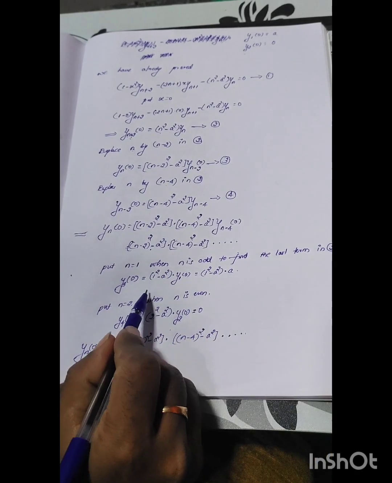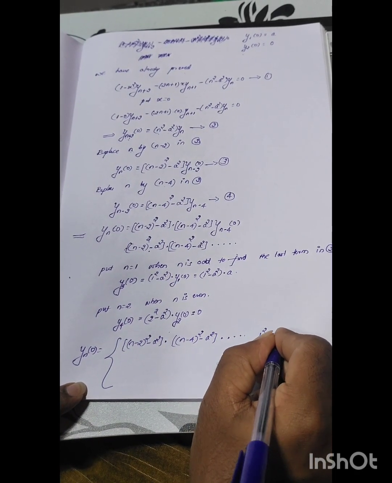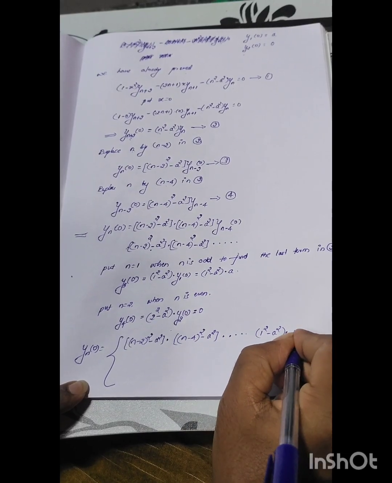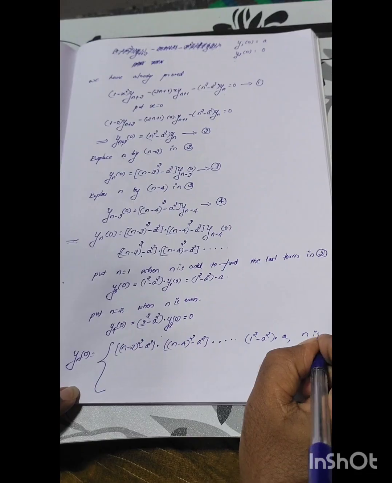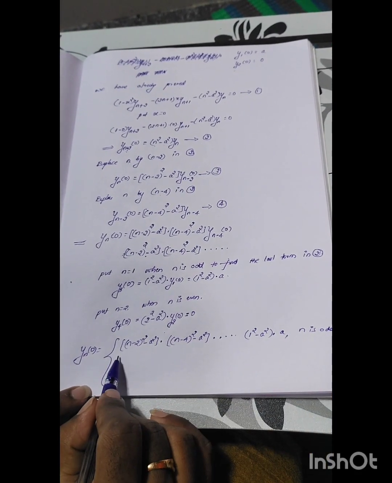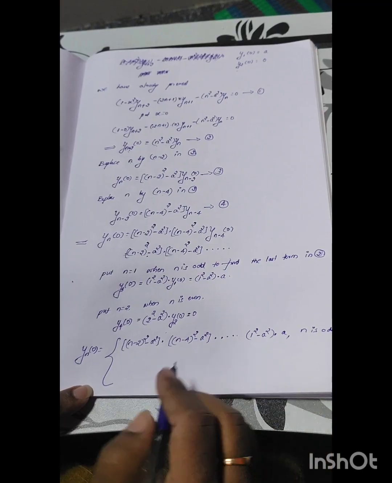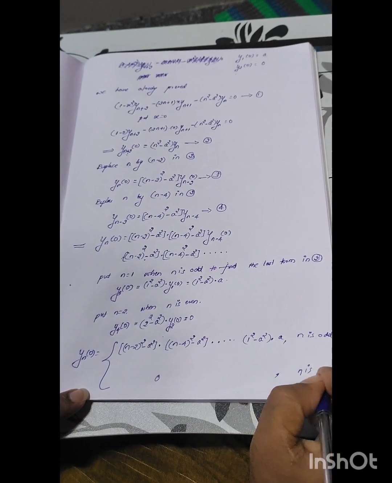The last term will be 1 square minus a square into a. That is when n is odd. But when n is even, these terms are multiplied by 0, so that will become 0 completely.